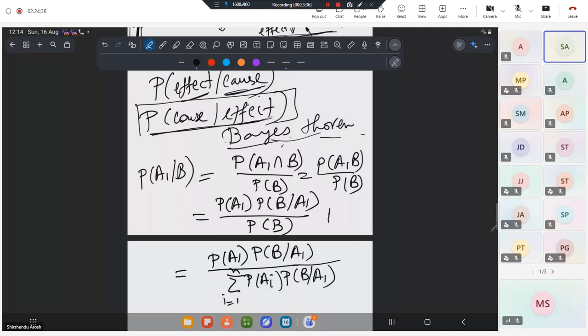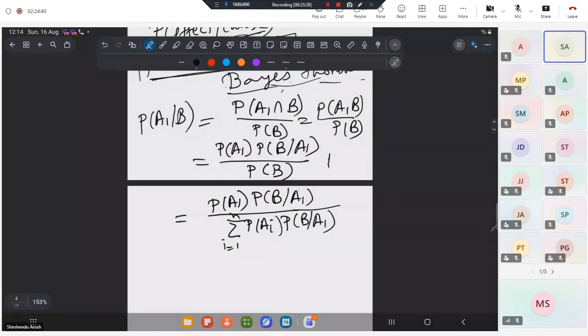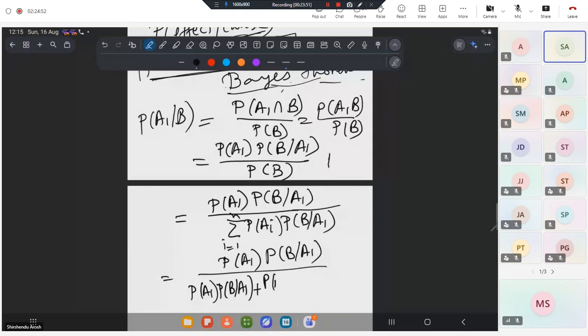So that is P of A1 times P of B given A1, divided by P of A1, P of B given A1, plus P of A2, P of B given A2, plus and so on. Basically you are adding all the causes here.